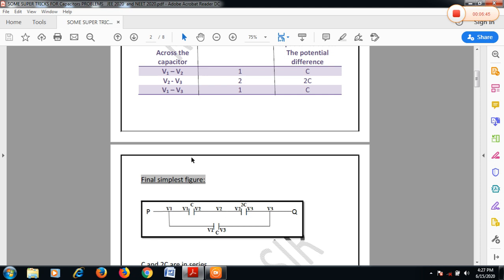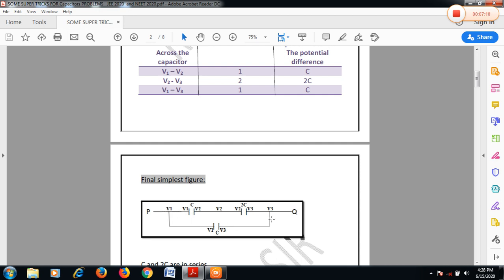And between the potential difference V1 and V3 we have only one capacitor, so the equivalent capacitance in this range is C, and we have connected this capacitor across V1 and V3.